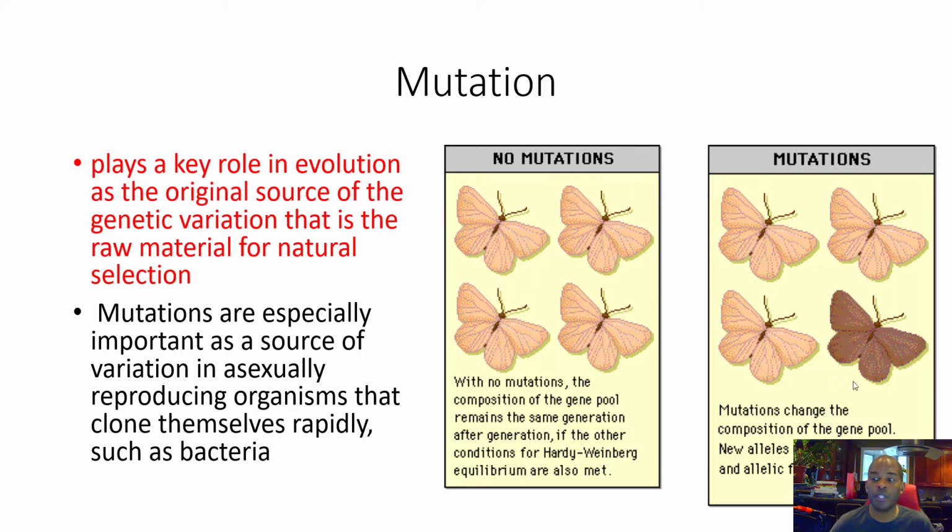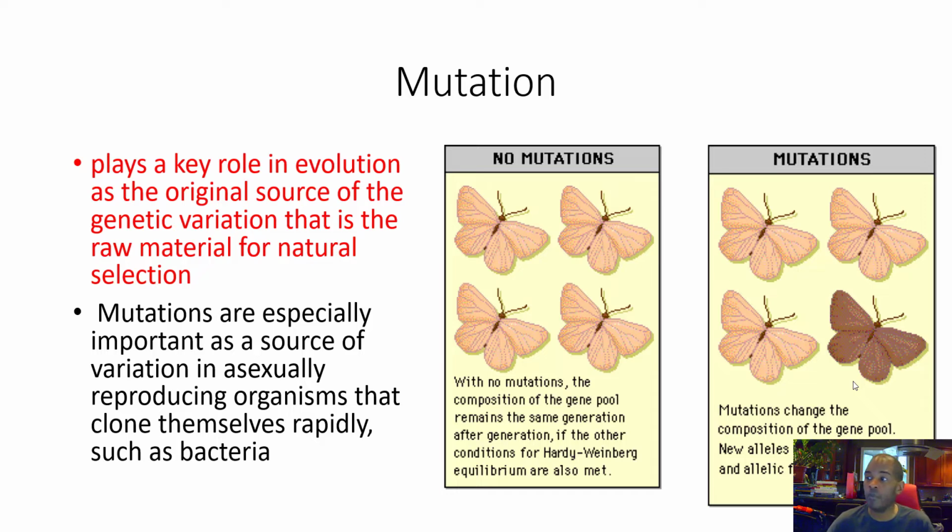And let's say those dark moths, that mutated form, is more successful in that it blends in with the background, it blends in with the tree more easily. Well, that beneficial mutation will then allow that moth to have a better chance of reproducing. So mutations can be good as well as bad.